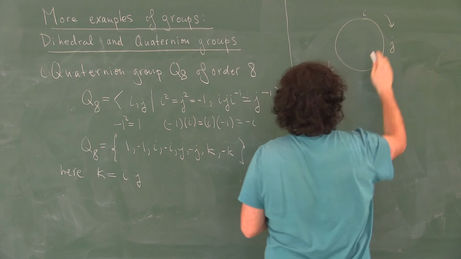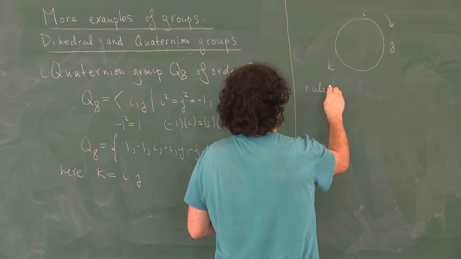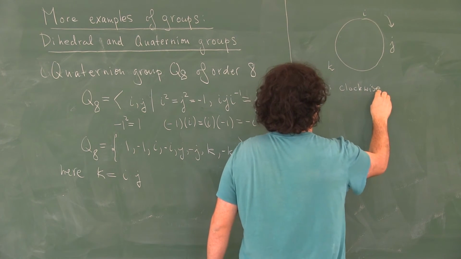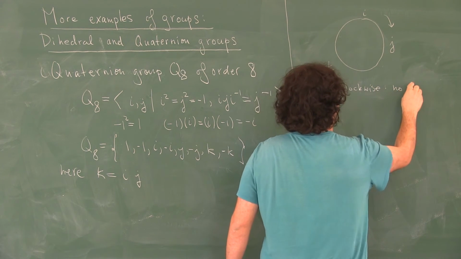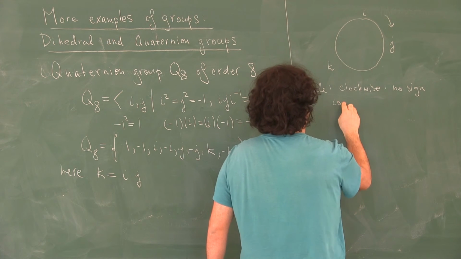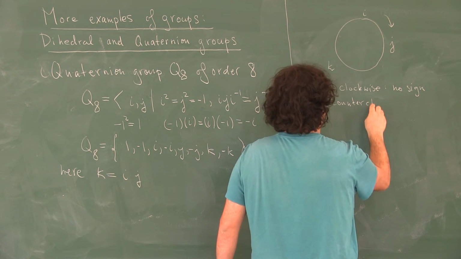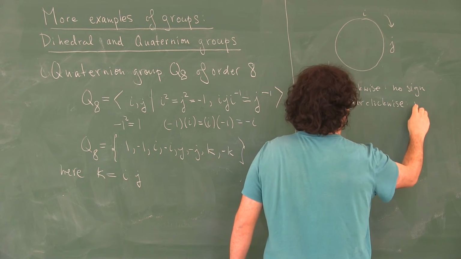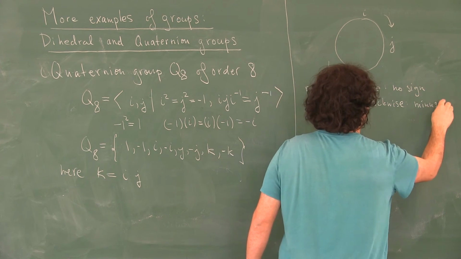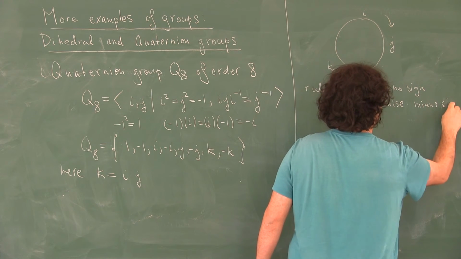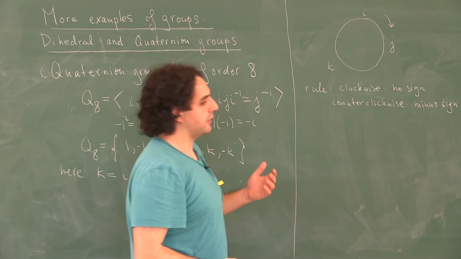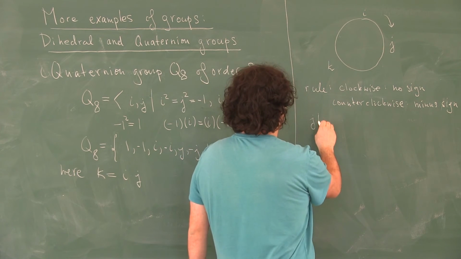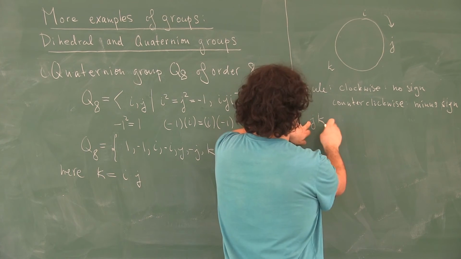So the rule is: clockwise, no sign, and counterclockwise, you introduce a minus sign. What do I mean by this? Suppose I want to multiply j times k. So I'm doing first j and then k.